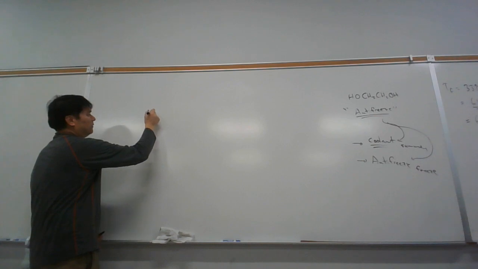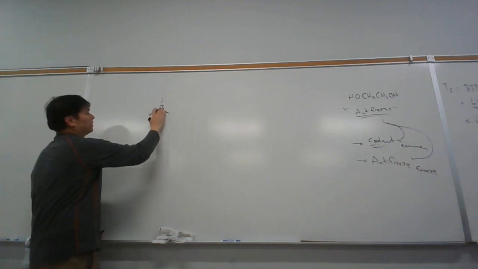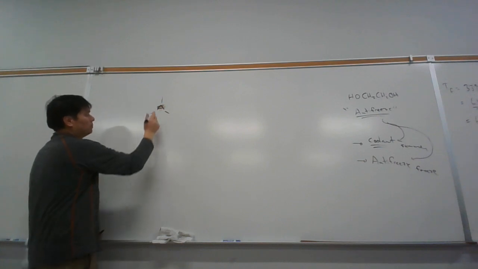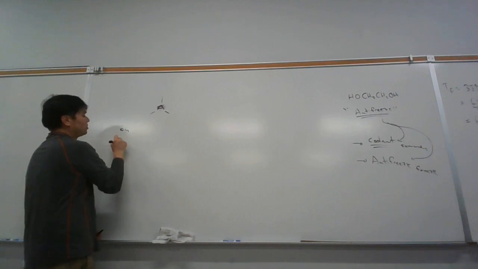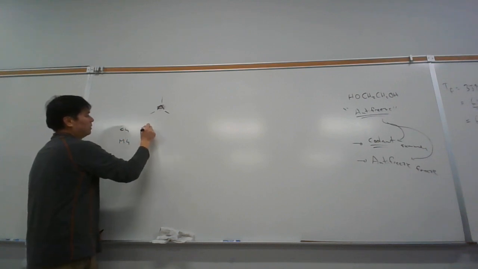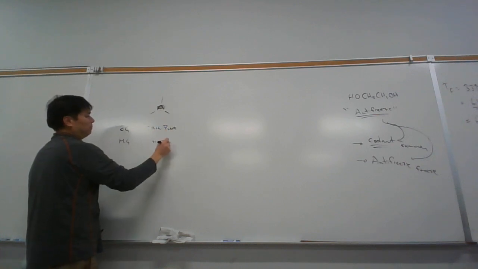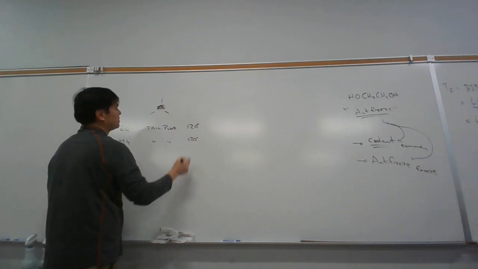So let's go to trigonal planar. This is just atom A. The electron geometry and the molecular geometry are both trigonal planar, and the angle is going to be 120 degrees and 120 degrees.